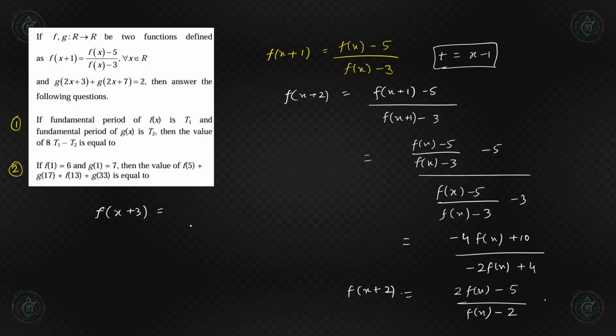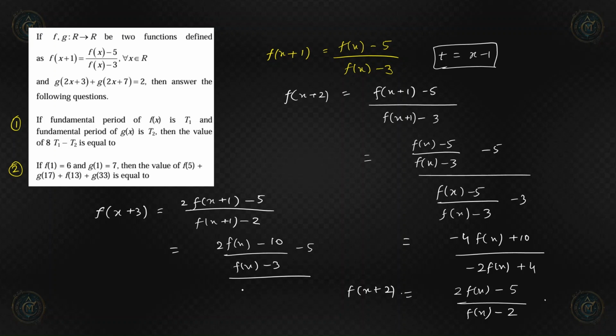So f of x plus 3 will be simply 2 f of x plus 1 minus 5 divided by f of x plus 1 minus 2. Okay. So f of x plus 1 we can again substitute from this equation. 2 times (f(x) minus 5 divided by f(x) minus 3) minus 5, divided by (f(x) minus 5 divided by f(x) minus 3) minus 2.